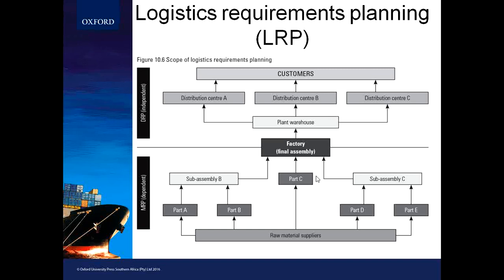Now, as you have understood in the beginning of the chapter, where I tried to make you understand different aspects of requirements in relation to customers and raw materials being taken in the scope of logistic requirement planning, it is shown here that logistic requirement planning is a scheduling technique that ensures that the right goods are available at the right time at the right place, that is, in the right quantities.